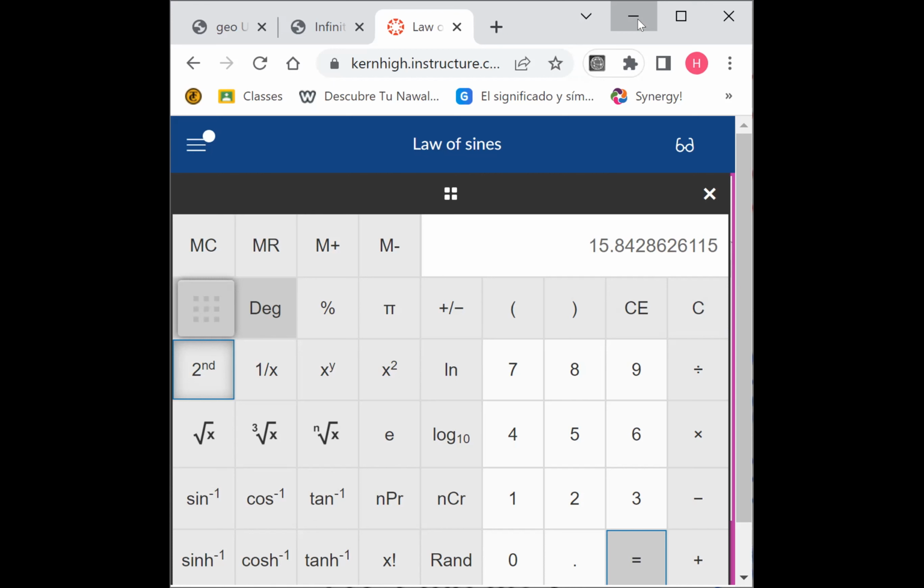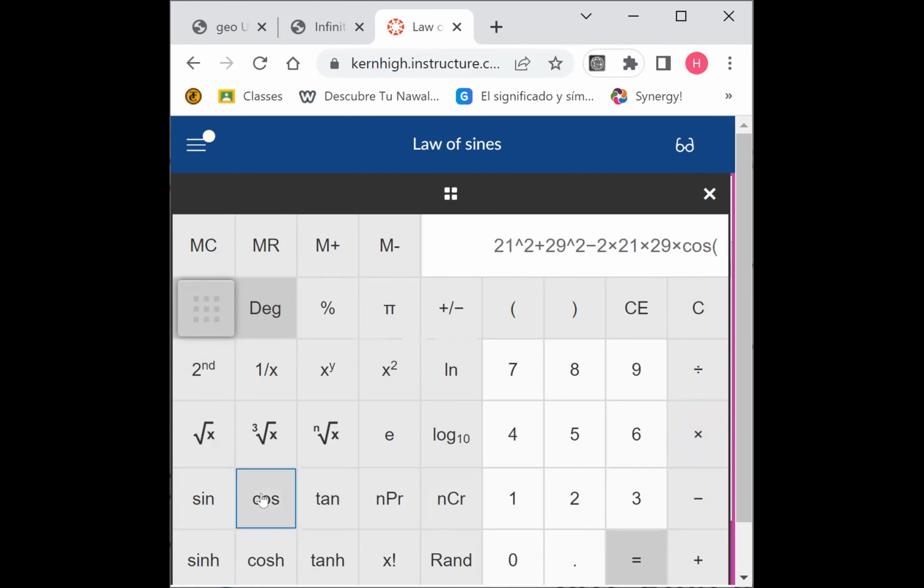Okay, so I have to type that in. So 21 squared plus 29 squared minus 2 times 21 times 29 times cosine of 109. So 1,678.5420.